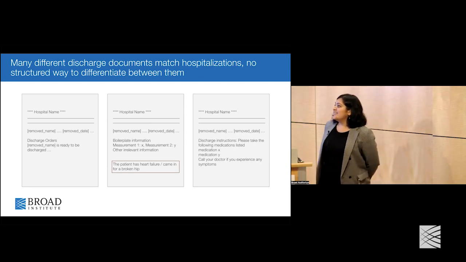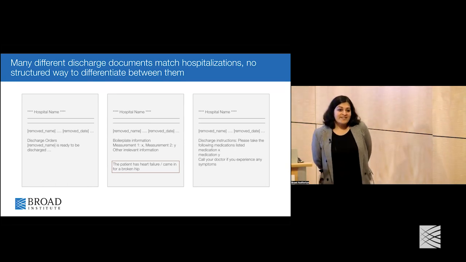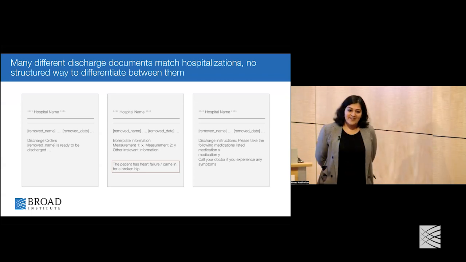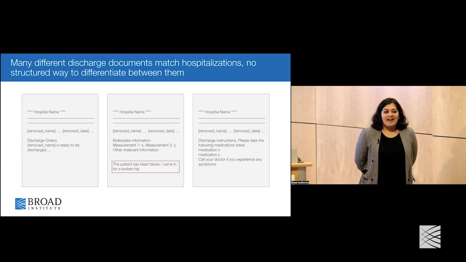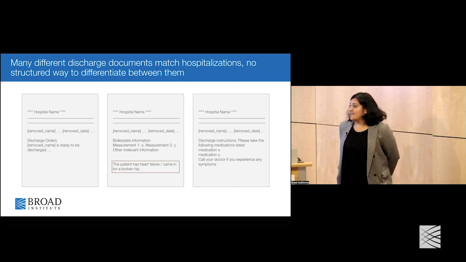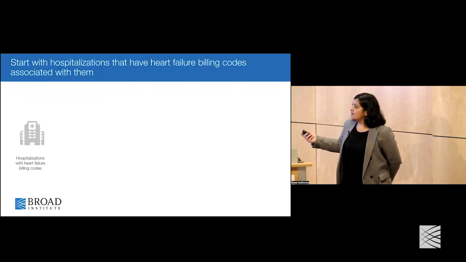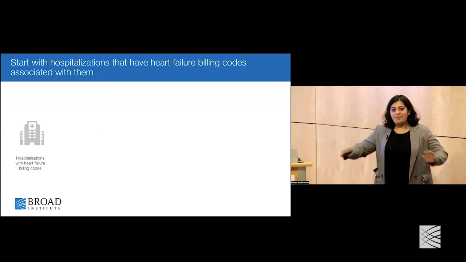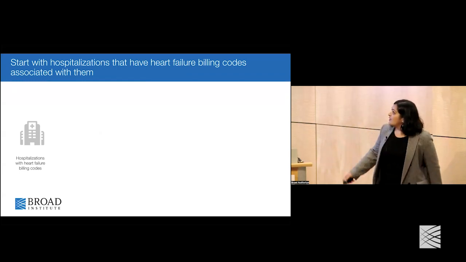So it could be discharge orders of this person is ready to be let go, or instructions about taking your medication and calling your doctor. So since we're working in a real world messy setting, our first step is identifying the relevant information that we want to give the model. So here I'm just going to walk you through like what the big picture workflow is for this project.